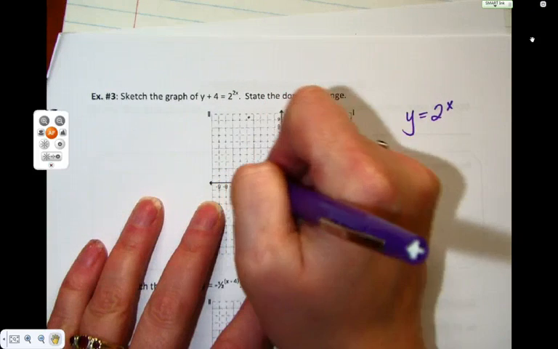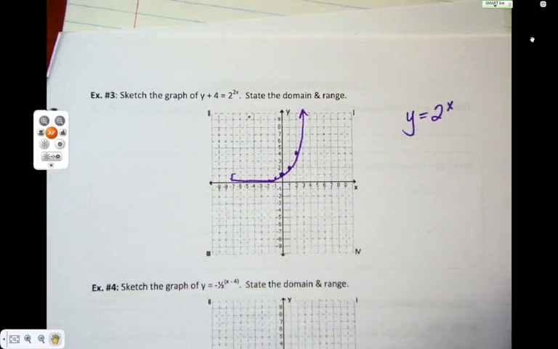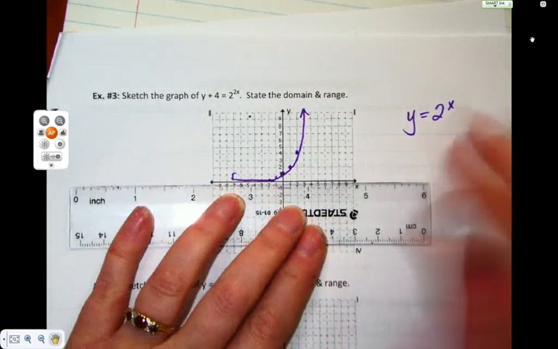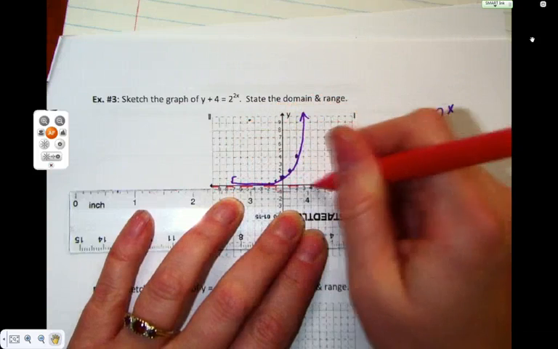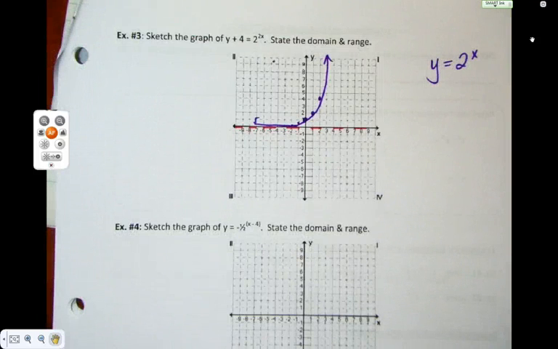So we know it approaches the x-axis on the left and sweeps up on the right. Once you draw enough of these, you'll know what the base graph of 2 to the x and 3 to the x looks like. For now, just a little table of values till you figure out the shape.